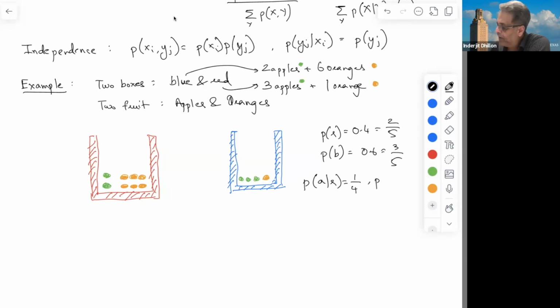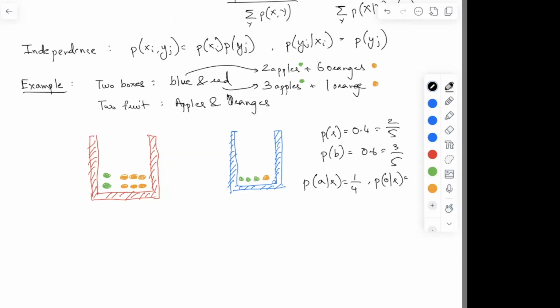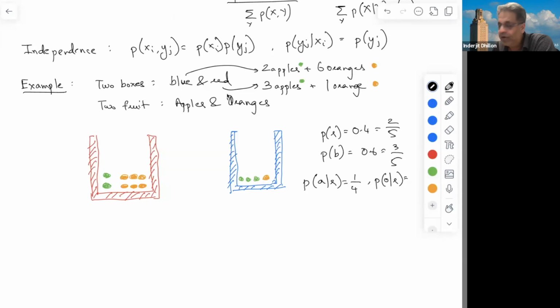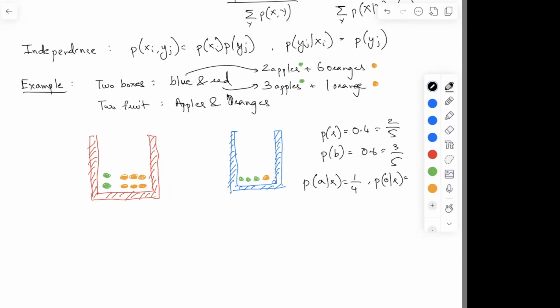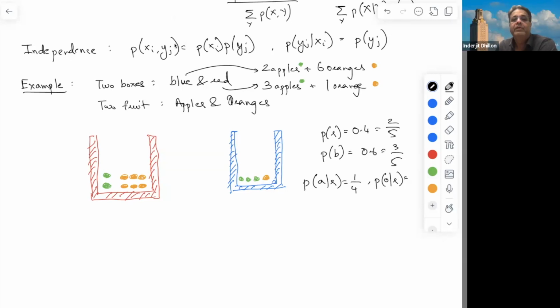In the red box, we have oranges. Somebody else? Oh, you want to communicate by chat. Okay. Rishabh says 3/4. That was wrong, I was thinking about the last problem. I confused the numbers. But is this not correct? Probability of orange given a red box is not 3/4? Oh, yes, that is. It is 3/4, right? Yeah. Okay. So this is 3/4.